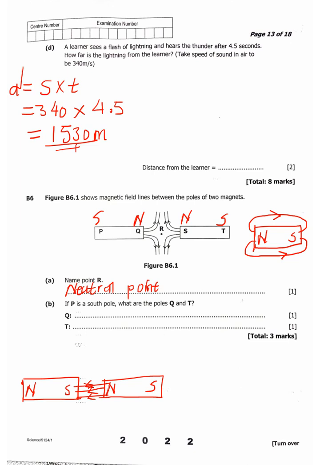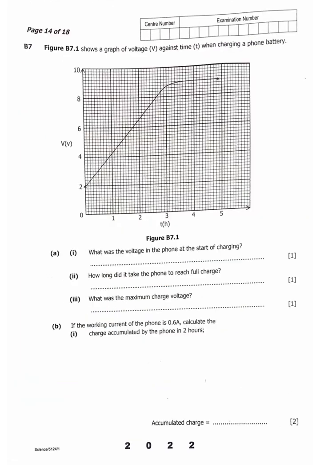If P is the south pole, what are the poles Q and T? Q is the north pole, then T is the south pole. So this is what we can do. Too simple.